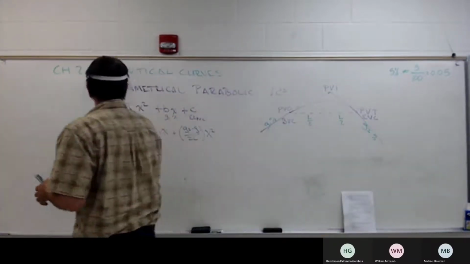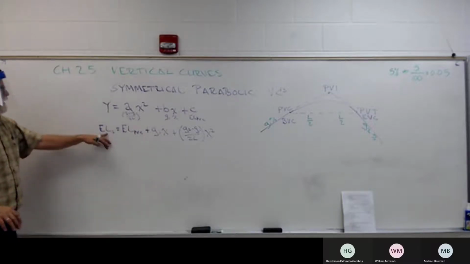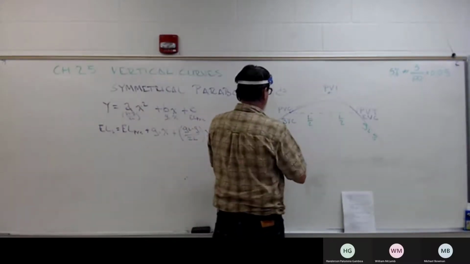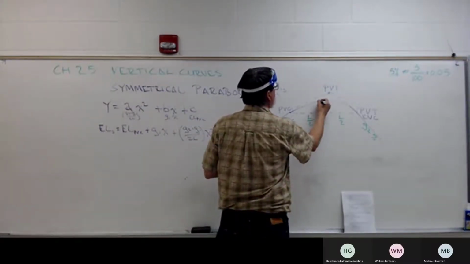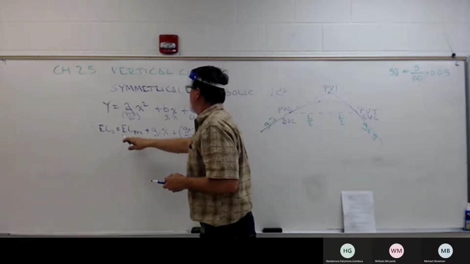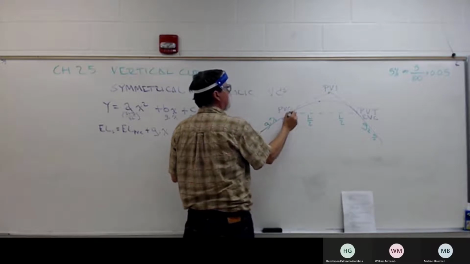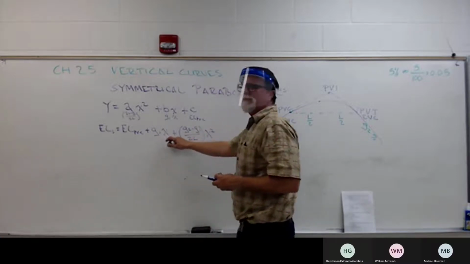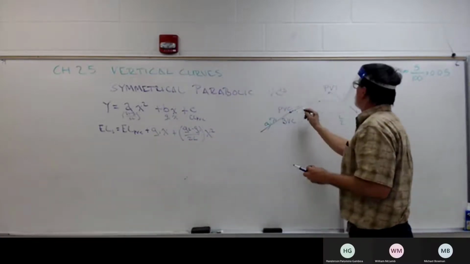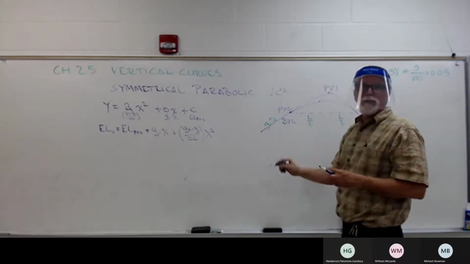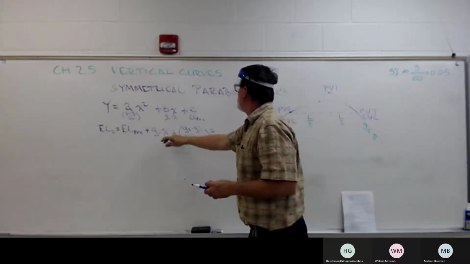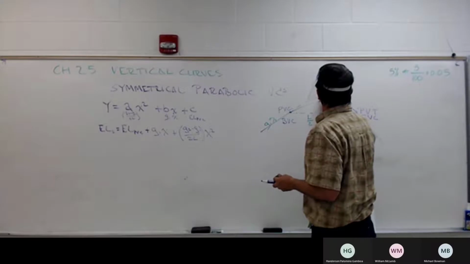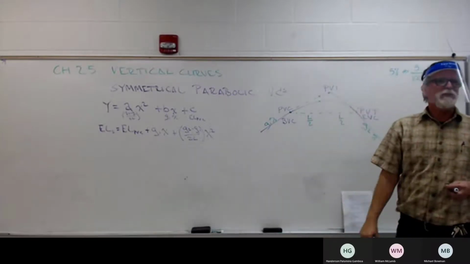So here's what this equation gives you graphically. If you're looking for the elevation of any station, and I'll say this is the station I'm looking for, it's going to say that if I start at the elevation of the beginning of the vertical curve, and I go a distance x, which is the change in stations between this point and the PVC, multiplied by G1, that gives me a slope times a distance, which gives me a point on that vertical tangent line.